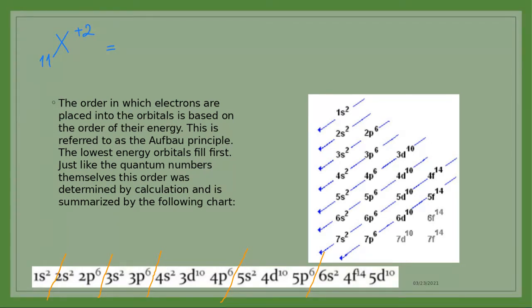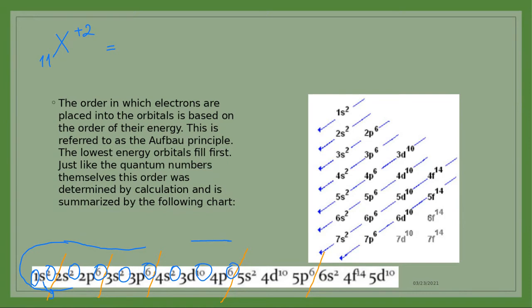If you want to write this electronic configuration, please write it. How to write? This is the shell, this is the orbital type, and that upper number means the electron number.